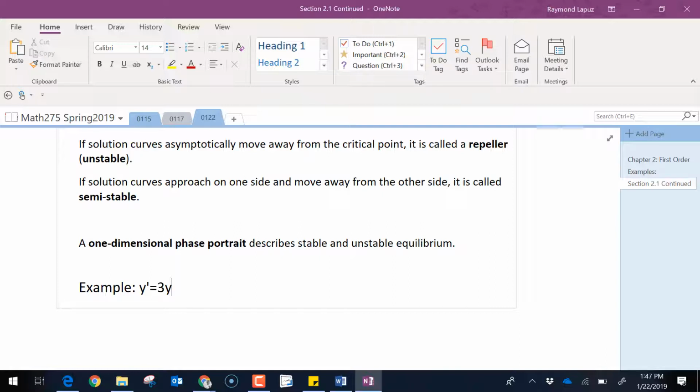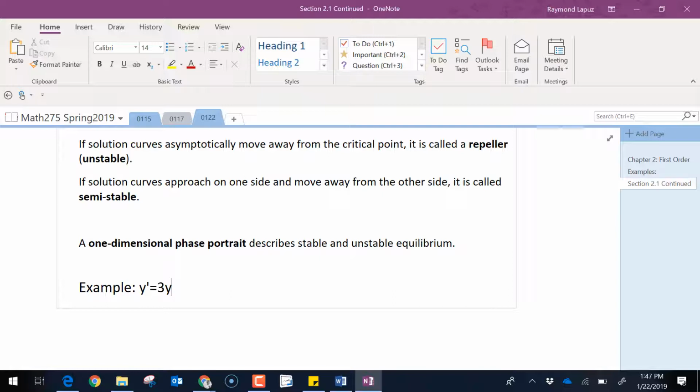By the way, do we know what the solution to this is? This is the differential equation where we say that the rate is proportional to the function.